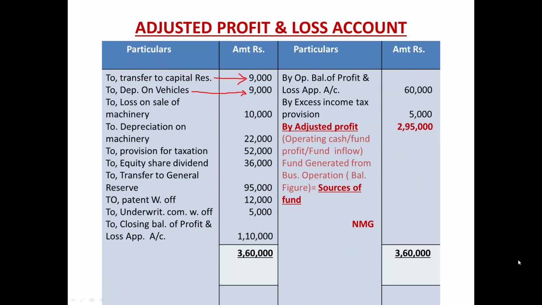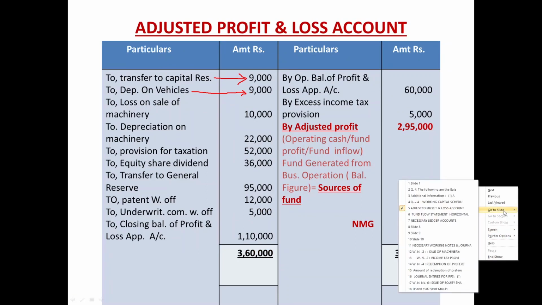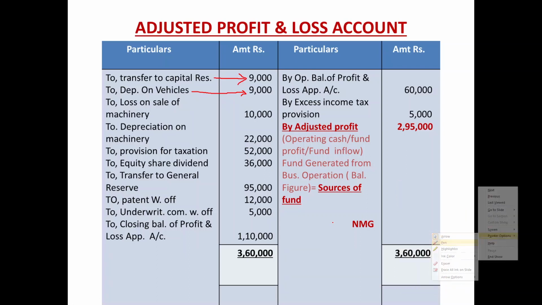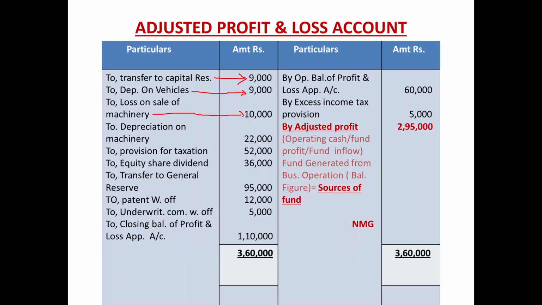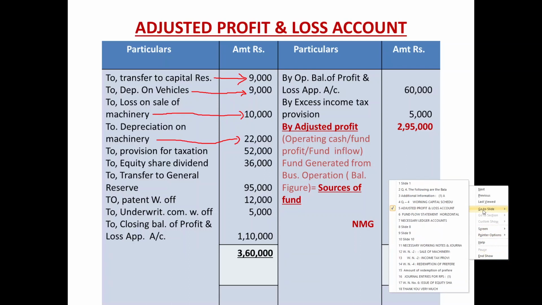Now 2 items in the adjusted profit and loss account due to this machinery transaction. Loss on sale of machinery 10,000 and then depreciation on machinery 22,000. So 2 transactions in FFS and 2 transactions in adjusted profit and loss account related with machinery transaction.